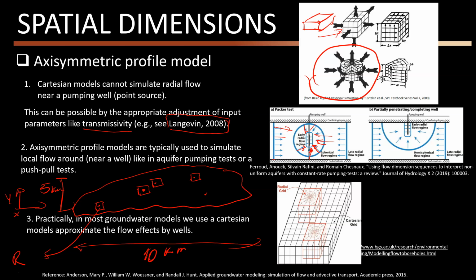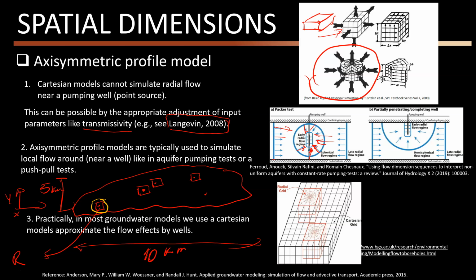But if I want to zoom in into this small area, then it is probably better to use a radial system, or I need to manipulate the properties of the system.